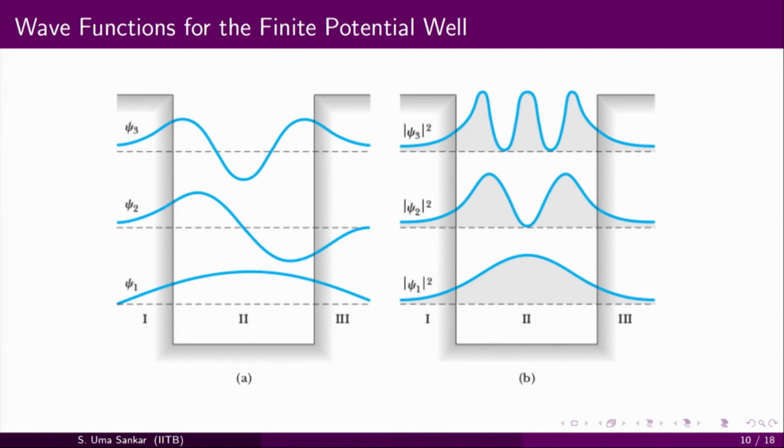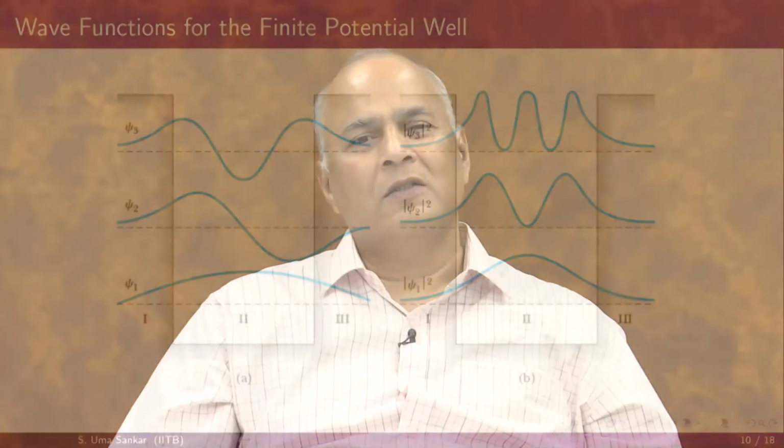The first excited state has one node and is antisymmetric about the point x equal to L by 2, and the third state, that is the second excited state, is again symmetric and has two nodes. In this case, this well has only three solutions, but if it is a deeper well and there is a fourth solution, that would again be antisymmetric.